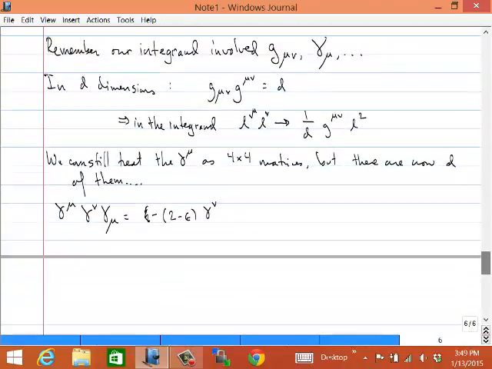And there are various other sorts of corrections to these gamma matrix contraction identities that all basically follow from the fact that g mu nu contracted with itself is now not equal to 4, so a gamma mu contracted with a gamma mu should now be equal to d rather than 4. But we always preserve the Clifford algebra, that the anticommutator of gamma mu with gamma nu is just proportional to the metric.